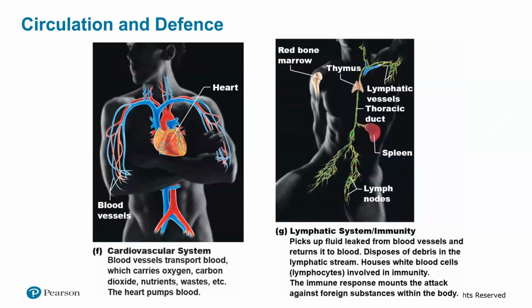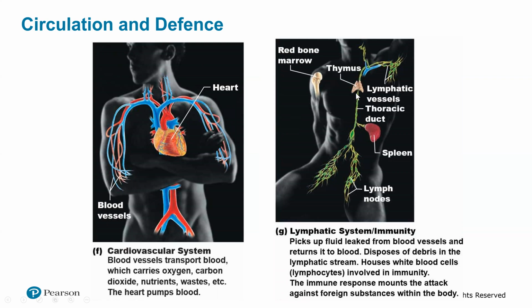Cardiovascular system, major organs: heart, blood vessels. Blood vessels transport blood, which carries oxygen, carbon dioxide, nutrients, waste, and so on. And the heart pumps blood. Lymphatic system or immune system, major organs: we have lymphatic vessels and the spleen, an organ of the lymphatic system.